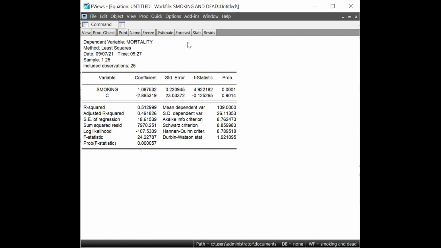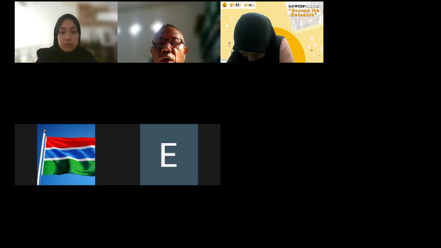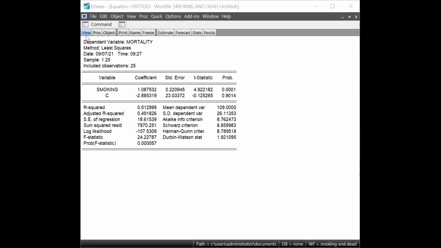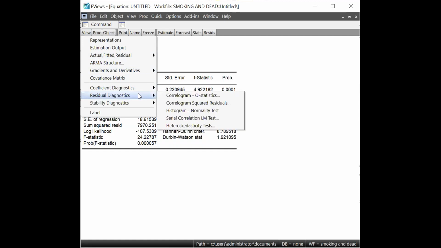I have a question about the residual testing. Normality, you mean? Yes, because if I remember, you said if the Jarque-Bera statistic is greater than the critical value, but I could not see the critical value there. Is it the same as the probability value? Okay, I will show you. This is the normality test.